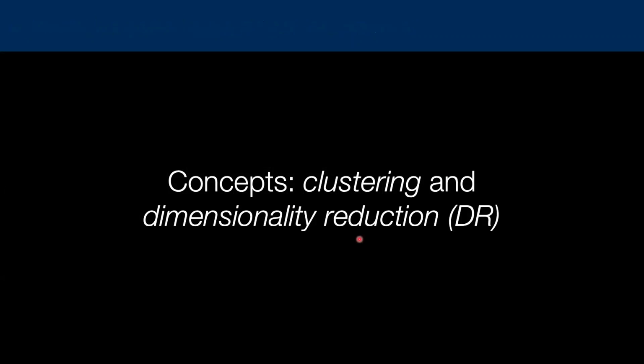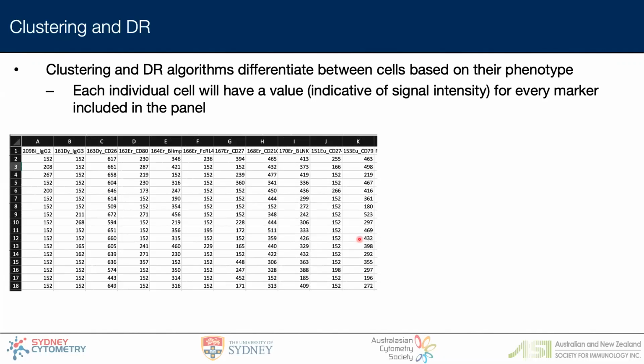So now we'll move on to clustering and dimensionality reduction. I think at the core, in layman's terms, they're quite similar in the sense that they're just trying to differentiate between cells based on their phenotype, but the output results are generally going to be very different. Because these are both different methods of trying to find a similar meaning in our results, and that's just trying to differentiate between the cells.